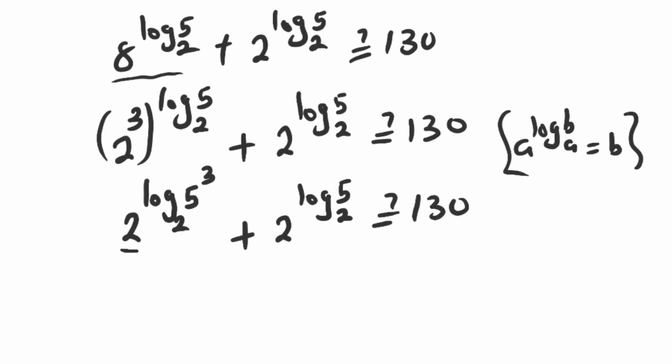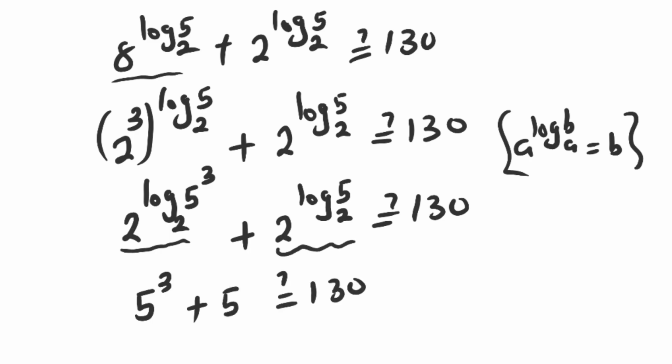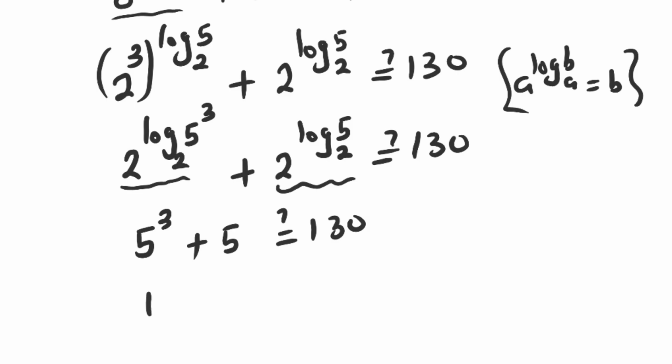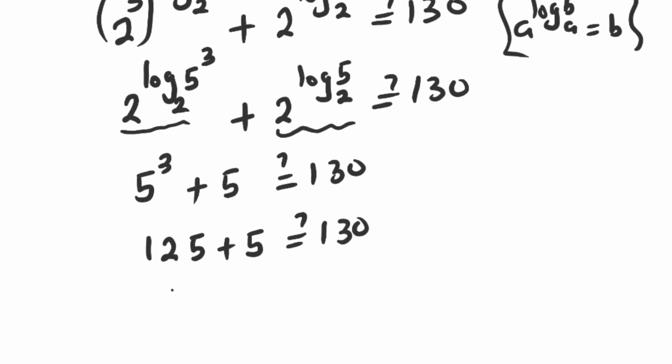So this can be written as 5 raised to power 3 plus 5 must be equal to 130. Then 5 raised to power 3 is 125, plus 5 must be equal to 130. And of course, 125 plus 5 is 130, which is true.